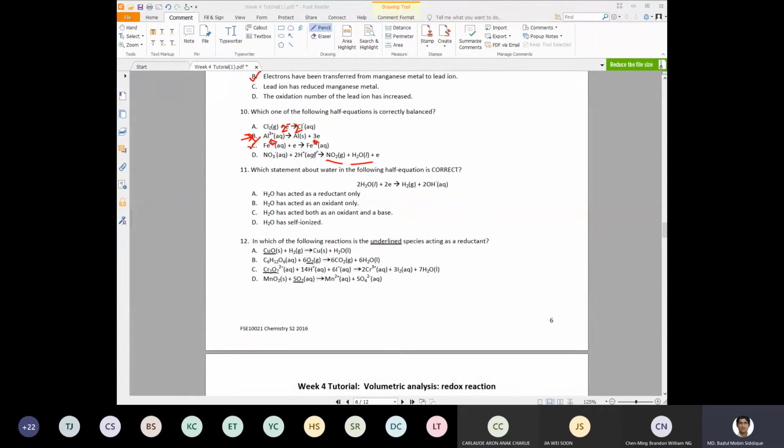This nitrate ion has lost this charge and 1 oxygen. So 1 oxygen can produce only 1 water molecule, and then this water molecule has been produced. So this is good, this is very good. So oxygen and nitrogen dioxide, this is all balanced.